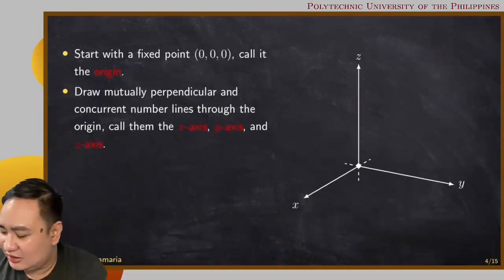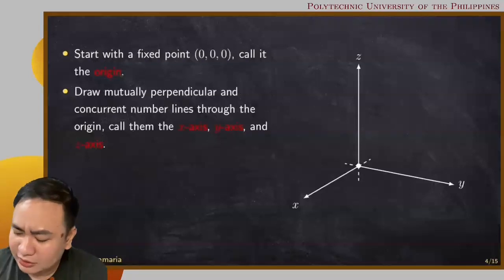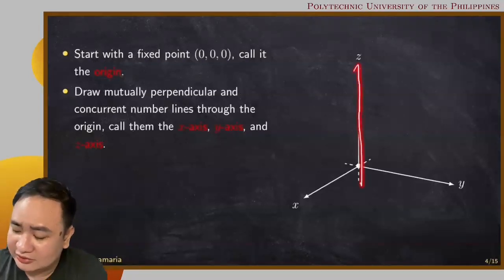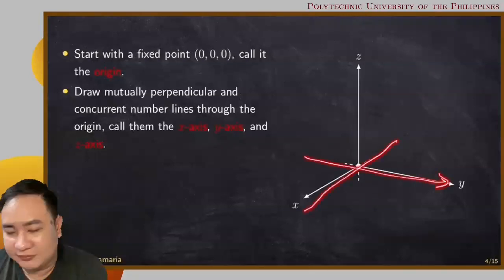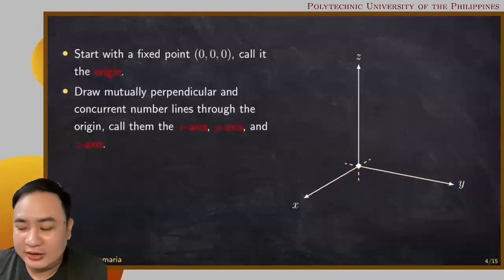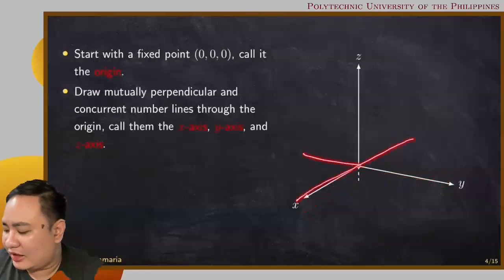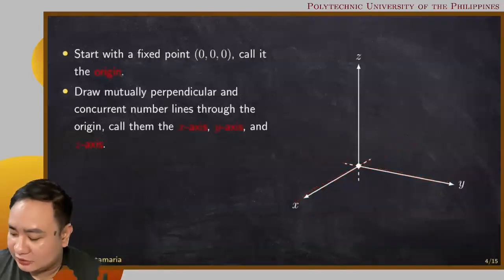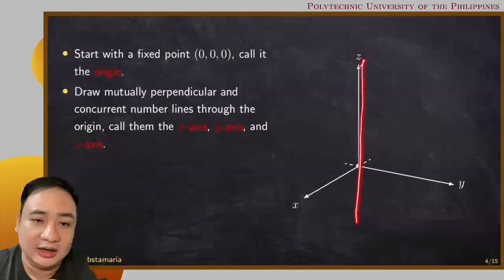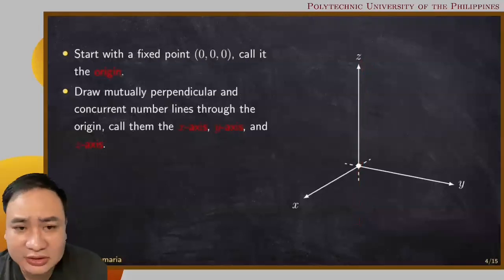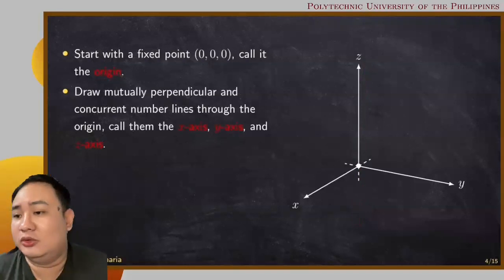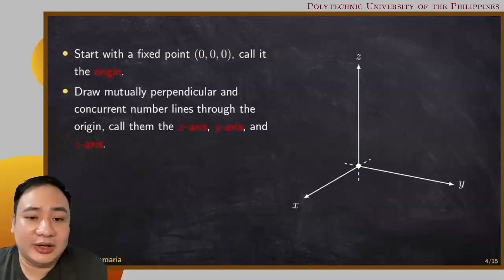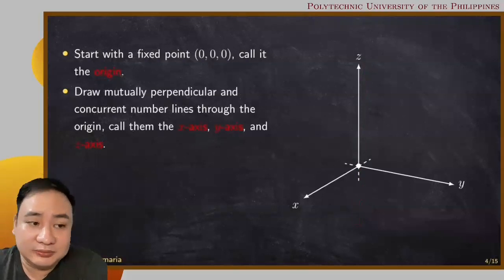So parang iisipin nyo, meron ka lang additional na axis dito, ito yung bago. Ito na yung luma, yung x and y axis. Nakahiga. And then, perpendicular to the xy plane na tinatawag, magdodrawing ka ng isa pang line so that the line is mutually orthogonal or perpendicular to both x and y axis, like as shown.